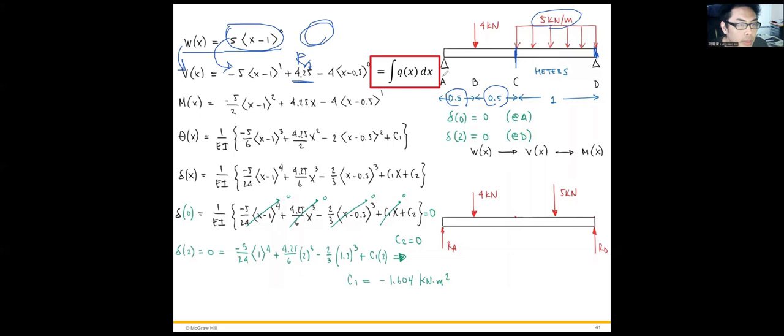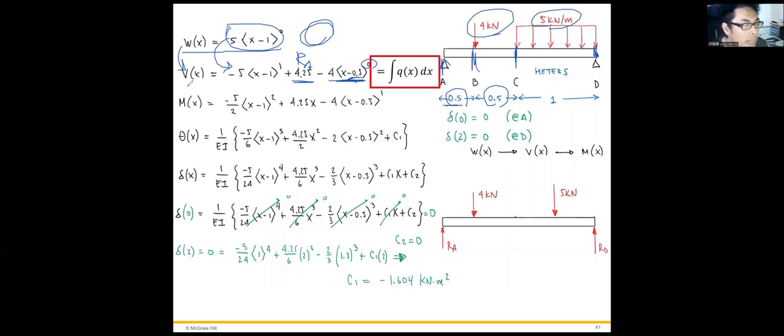And the other point load is 4. Because of the point load, the power of the singularity function is 0, with x minus 0.5 right here, 0.5.